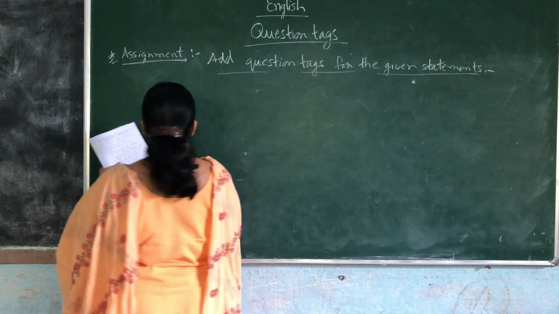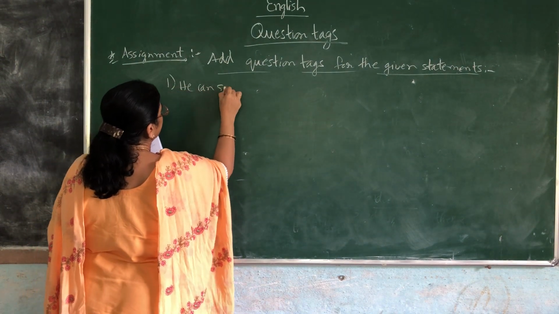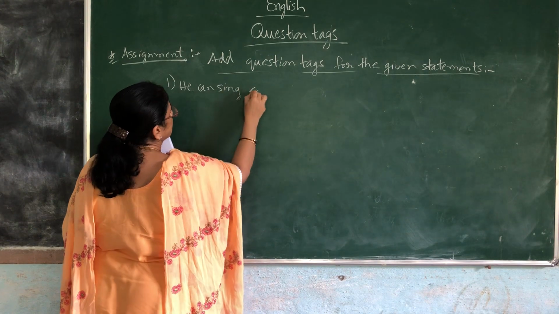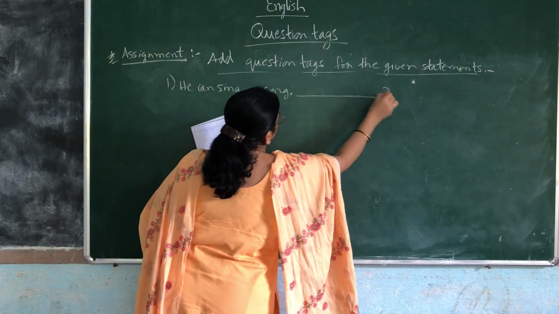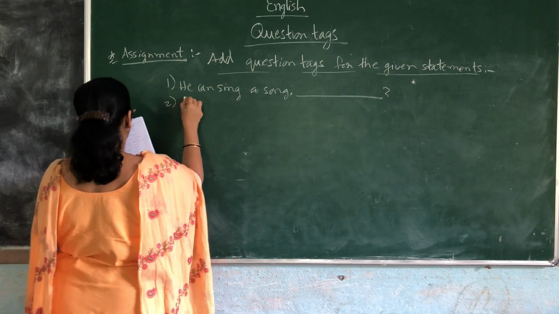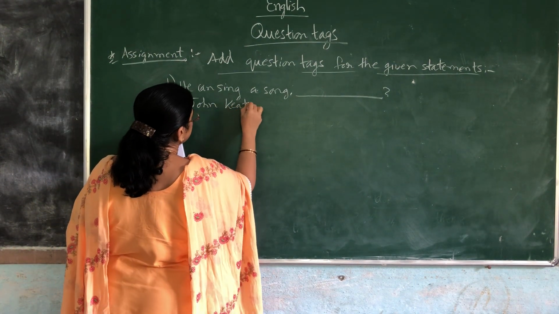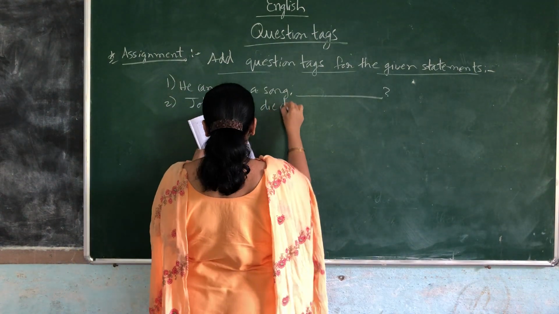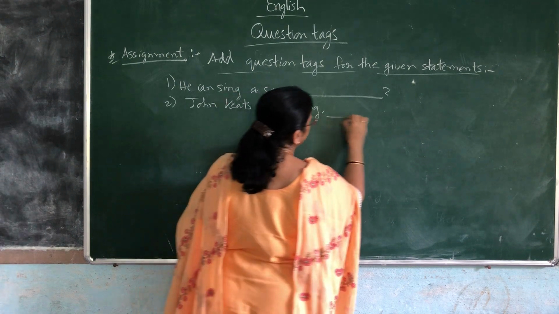First one: He can sing a song. John Keats died young.